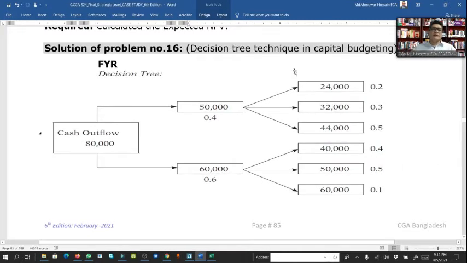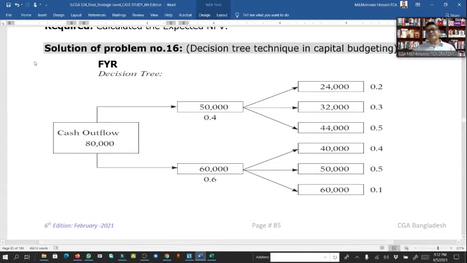The company's decision tree has a cash outflow of 80,000, then the first year and the second year. In the first year, a 50,000 cash inflow may happen with probability 0.4, and 60,000 with probability 0.6. So 0.4 plus 0.6 equals 1. We know that the summation of all probabilities must be 1. This is the first year.